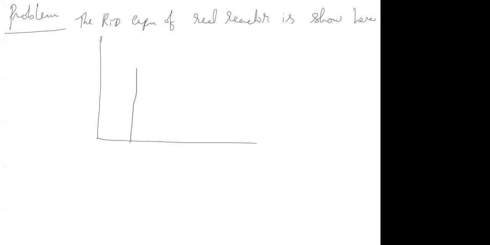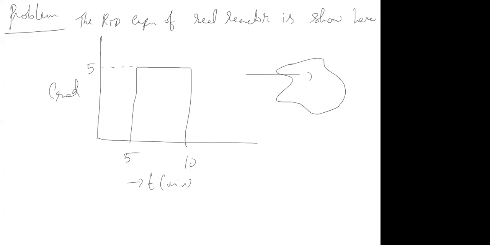Something like this. This is 5, this is 10, this is 5. This is the concentration of red particles, and this is time, which is in minutes. And this is a real reactor. M is equal to 1 mole of red fluid is injected. It is a pulse experiment. So the first question is, what is T bar? The second question is, what is the volume of the reactor?